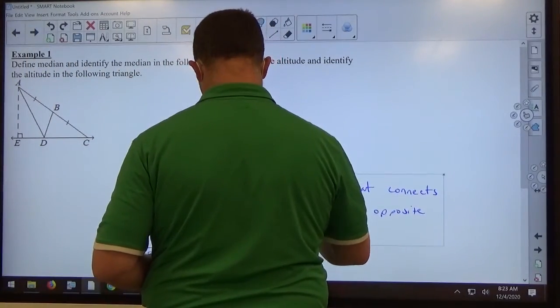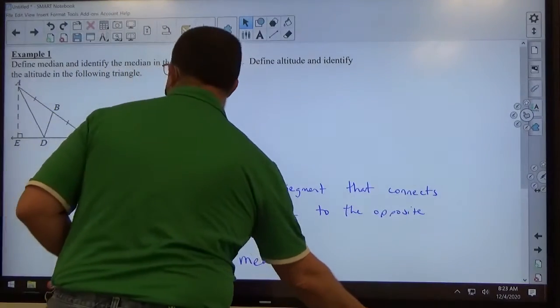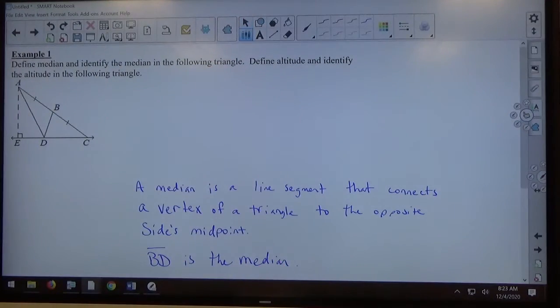Slide that down. The other thing they're asking me to define is altitude and to identify the altitude.